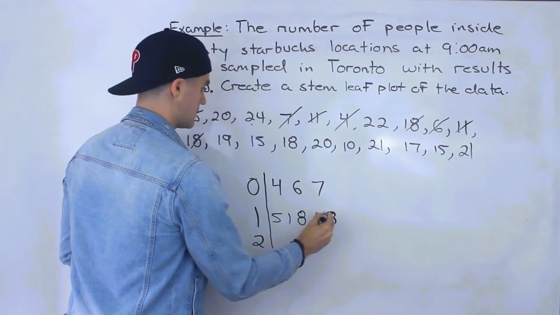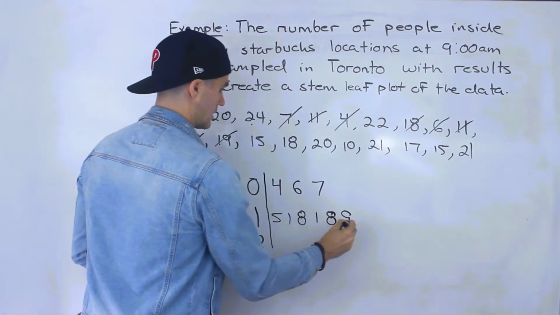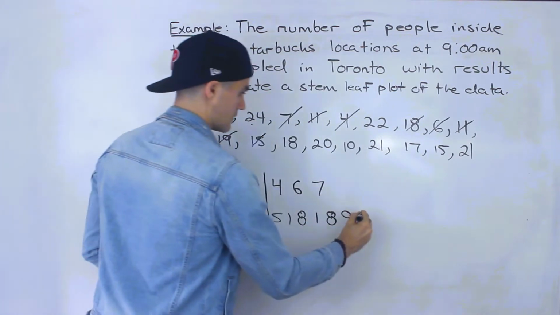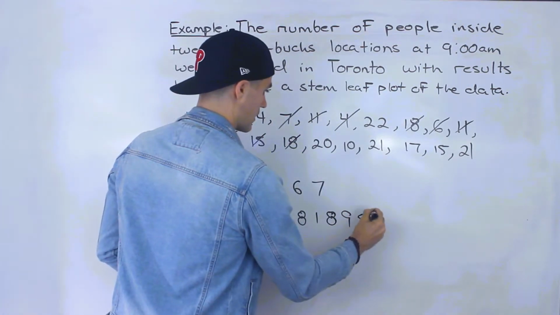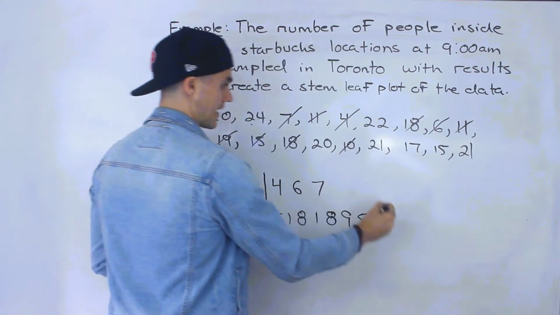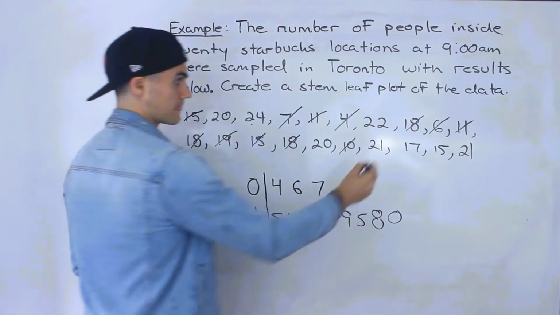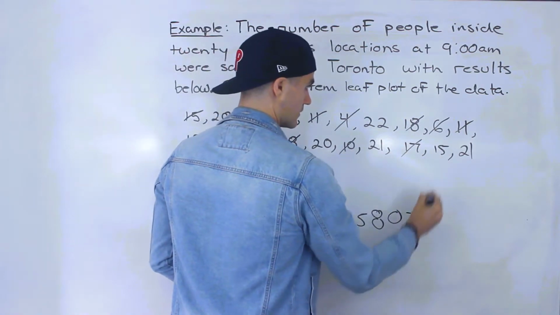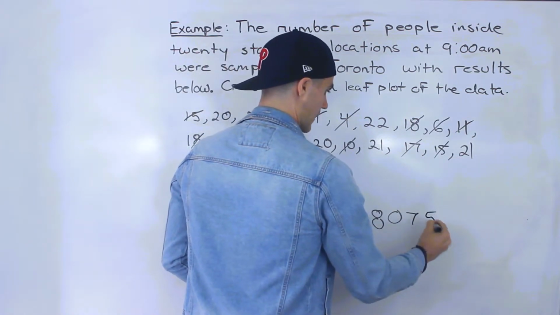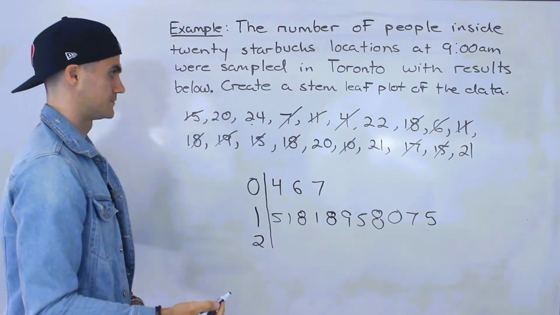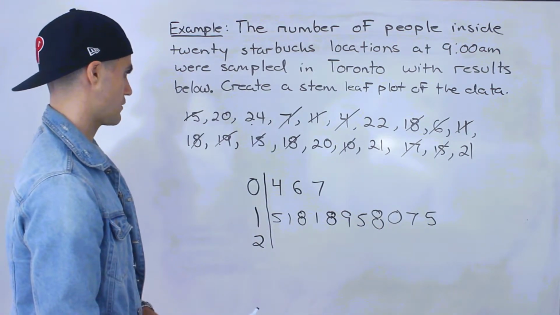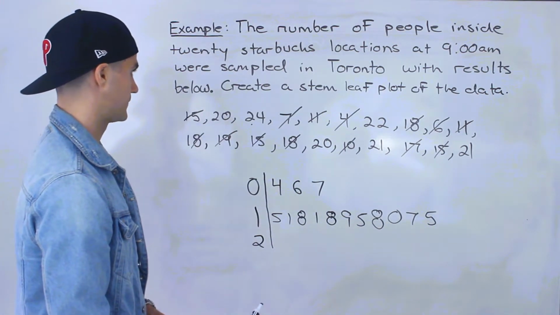Another 18, 9, 5, 8 again, 10, so that would be 0, 17, and then 15. And I think that is all of them.